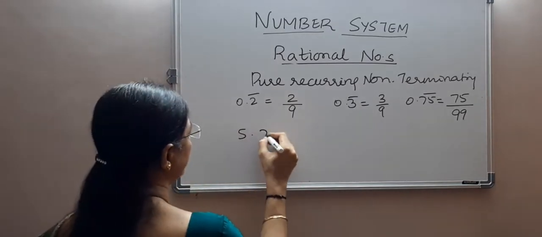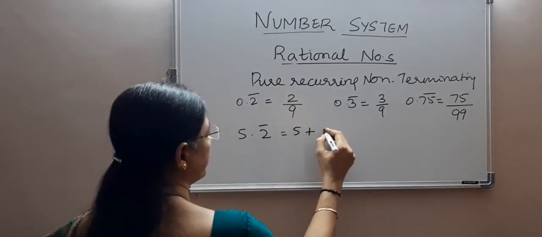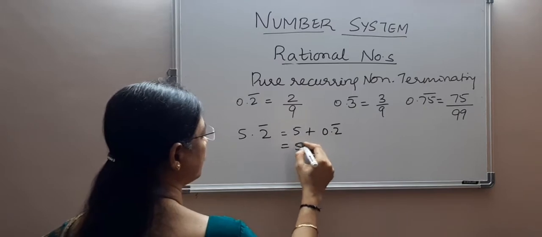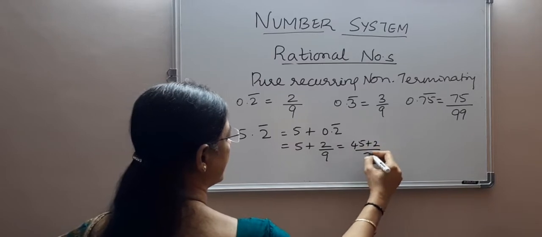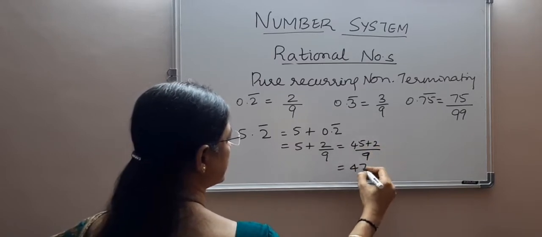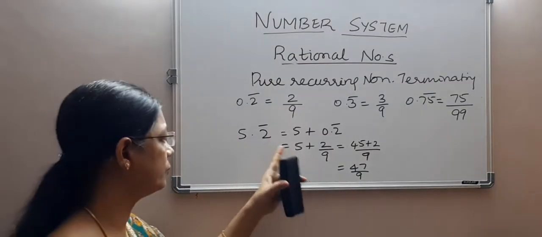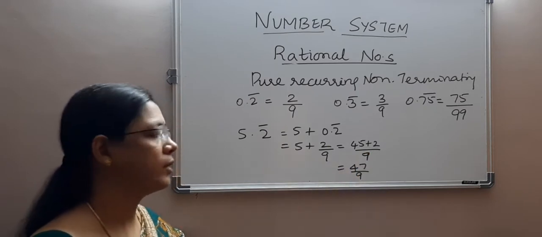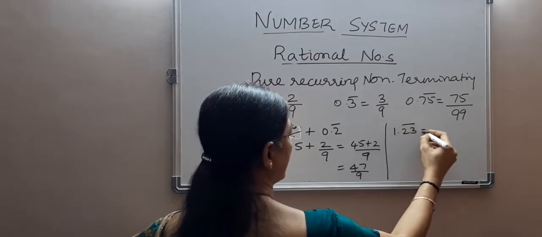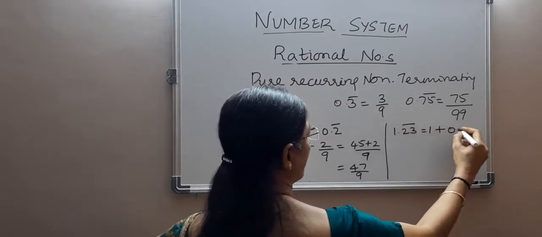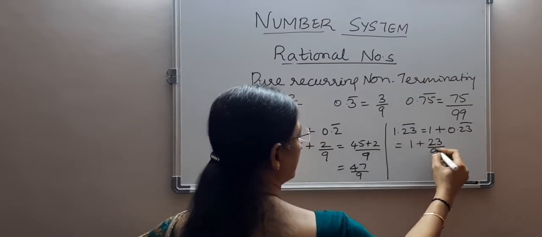So if I have 5.2 bar, in this case what I need to do is split it into 5 plus 0.2 bar, and you get 5 plus 2 by 9. Let us take the LCM, 45 plus 2 by 9, and this becomes 47 divided by 9. Do you understand? So if I have 1.23 bar, I take it as 1 plus 0.23 bar, and this becomes 1 plus 23 divided by 99.